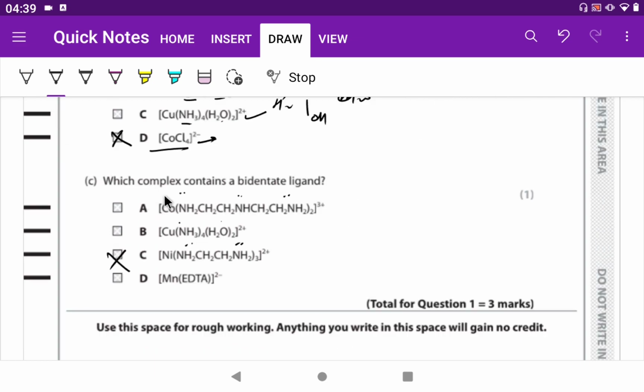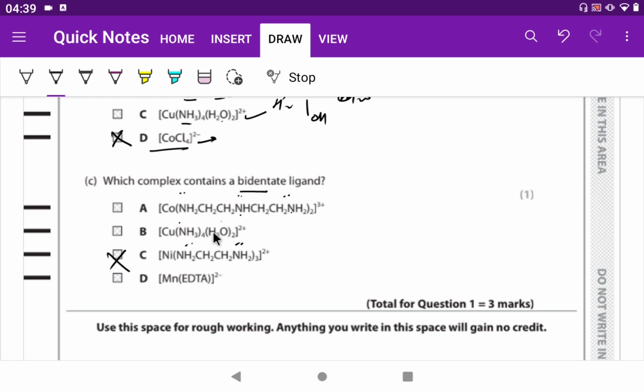Now see which complex contains a bidentate ligand. The first is option A. This nitrogen has one lone pair, this nitrogen also has one lone pair, and this nitrogen also has one lone pair. So the total is 3 ligands present here, therefore it is tridentate.